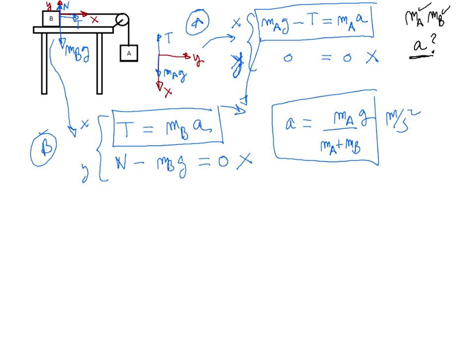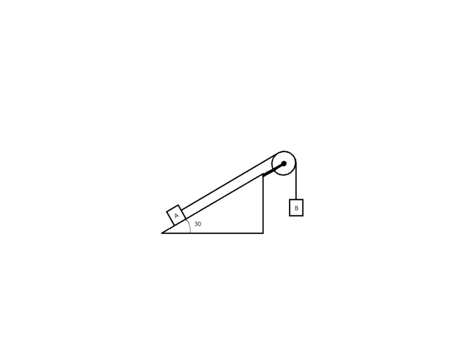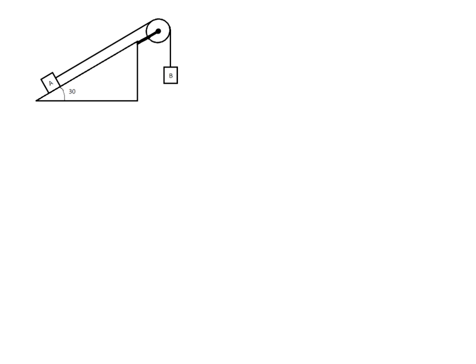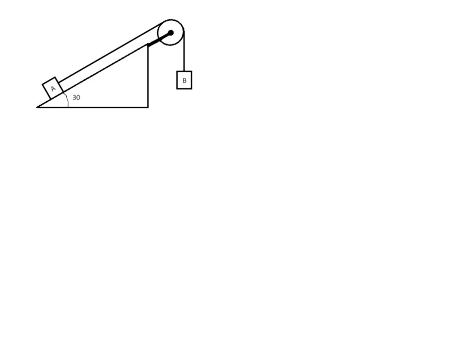All right, okay. Let's do another one. Type 3. And don't worry, I always lose track of type 1, 2, 3, 4. Type 3. Again, same thing under the trees, except now the table is not horizontal.